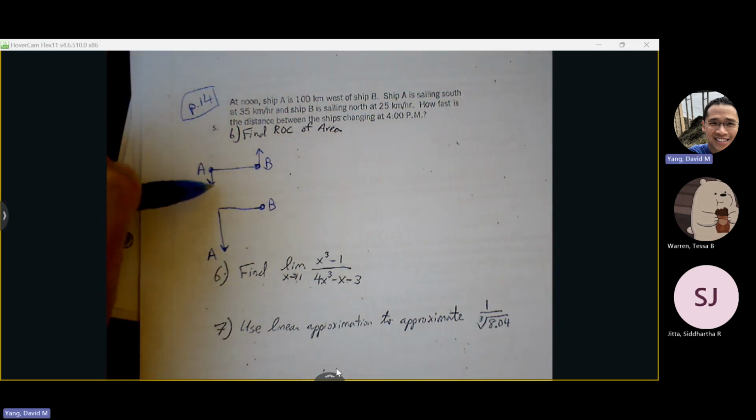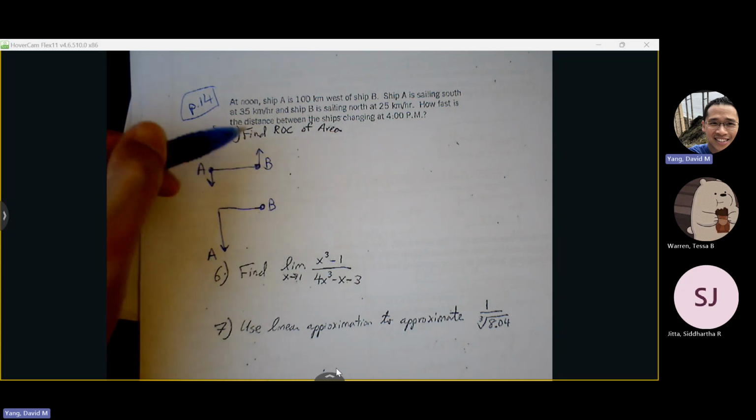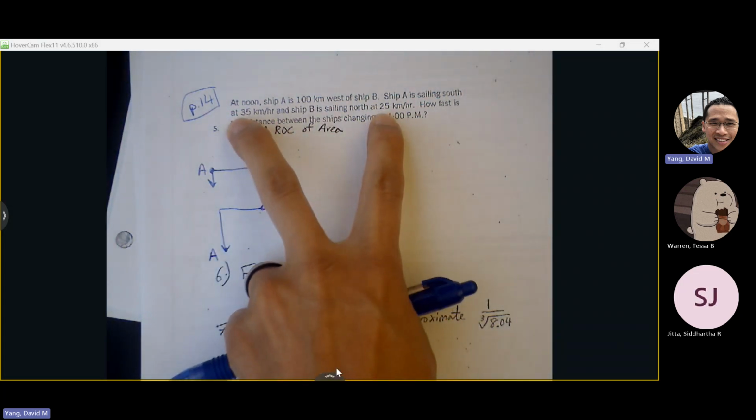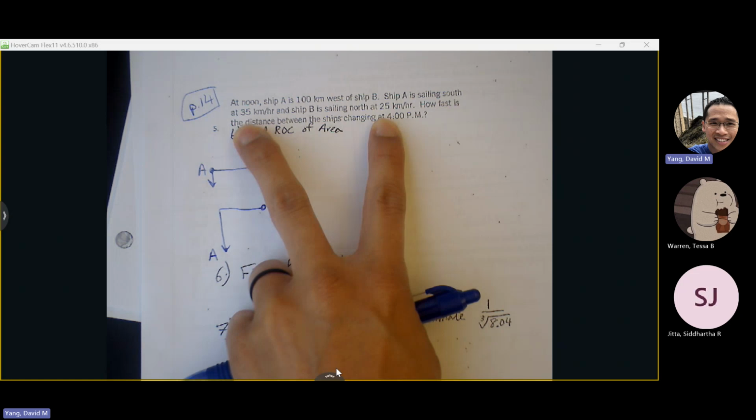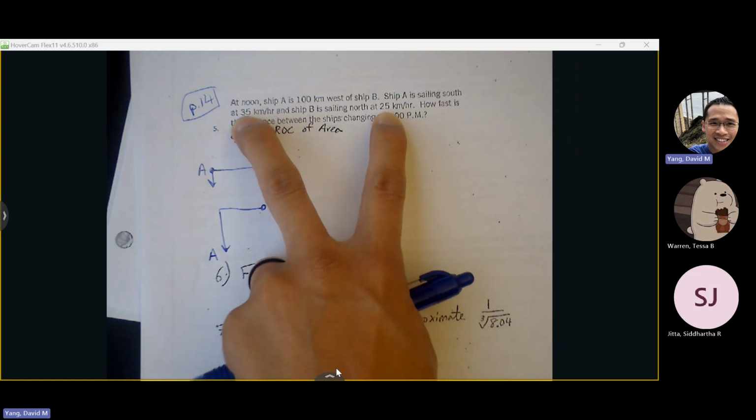So traveling at 35 kilometers and 25. That means after 1 hour, they're going to be 60 kilometers apart from each other, right?